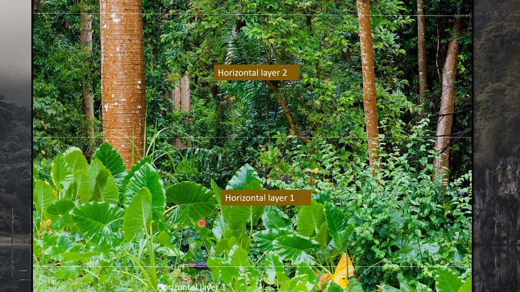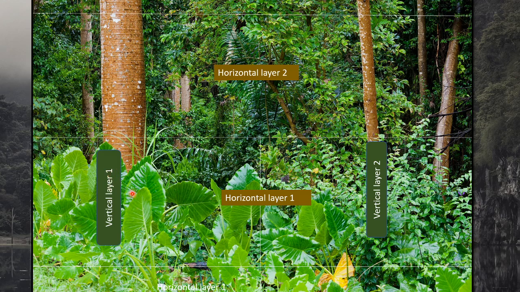But this horizontal zonation can have various vertical layers. So if we divide this horizontal layer into different vertical layers, then this is vertical layer 1 and this is vertical layer 2, right? So why is this called vertical layer 1?